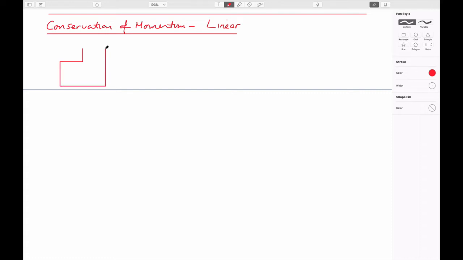Control volume, pretty straightforward. It's defined relative to an x and z coordinate system. You can imagine having flow velocities across the boundary, which I'll just call boundary 1 and boundary 2. These would have an area attached to them. And we label them in some way to look at those components.